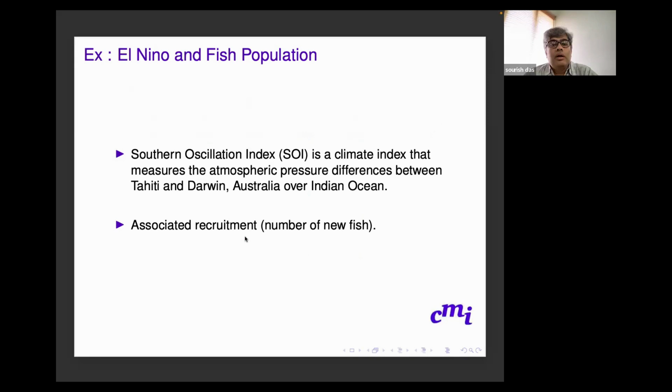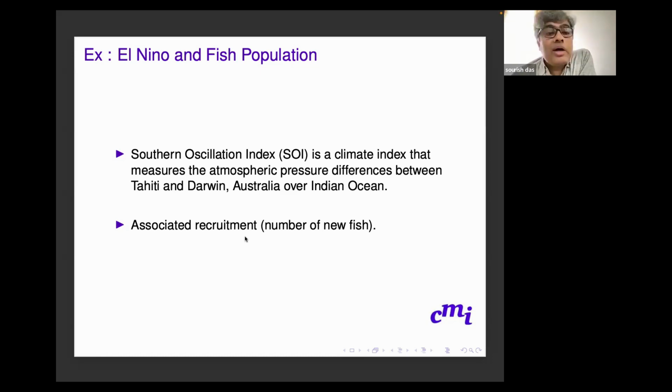At a given time point, we can study one variable, or more than one. Here, we are studying the Southern Oscillation Index, which is the climate index that measures the atmospheric pressure difference between Tahiti and Darwin, Australia over the Indian Ocean.